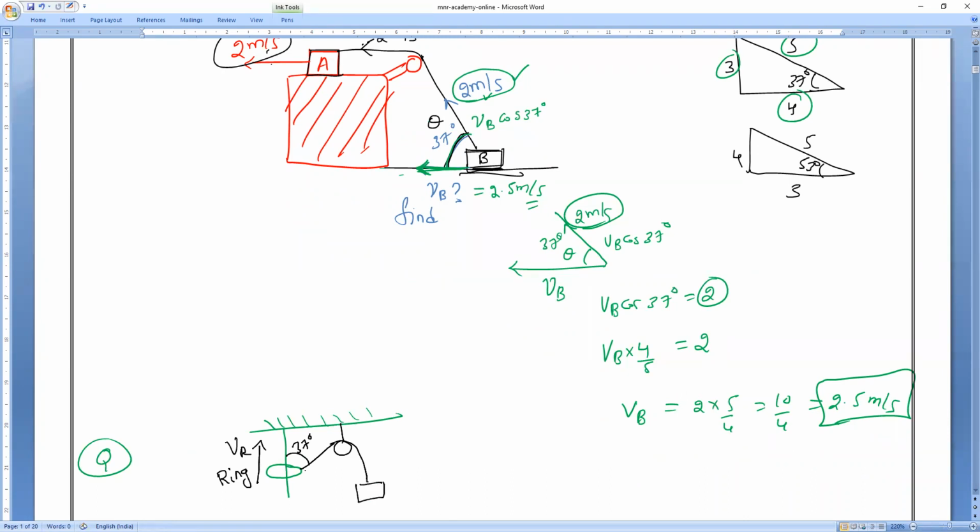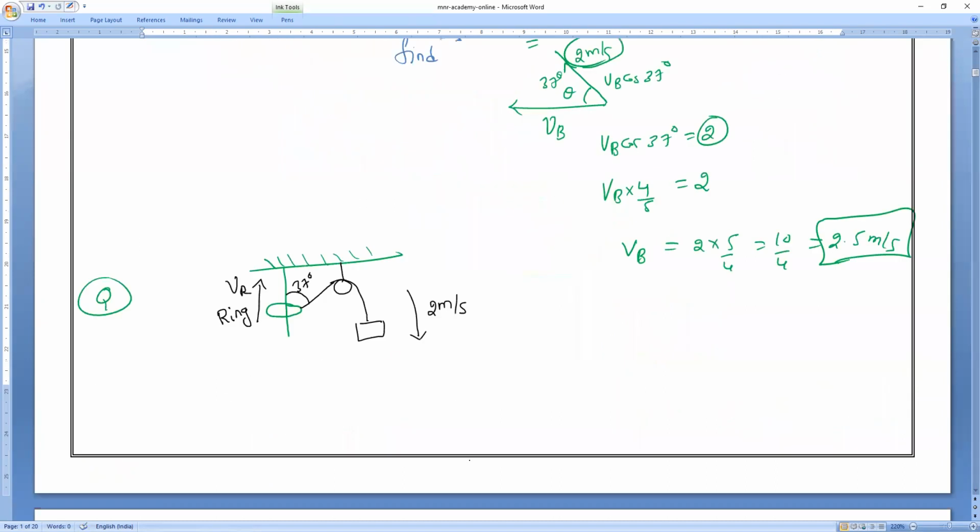Now if you notice, if the ring goes up, will the load go down or up? Ring is going upward means the load will go down. It is moving downwards at 2 meters per second. Now we want to find the velocity of the ring. Very simple.